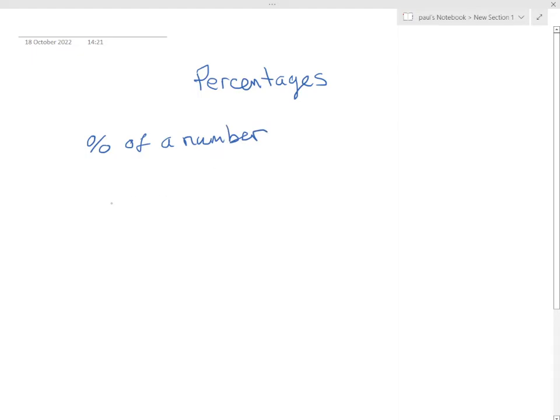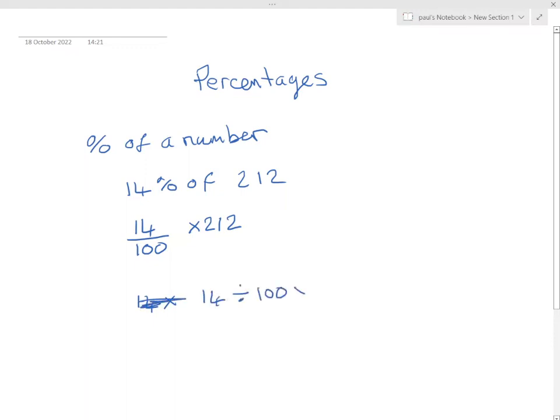So what do we want to do if we want to find, say, 14% of 212? What we do is we change that percentage into a fraction. So we do 14 over 100 times the number we were given, 212. On your calculator, you can just do 14 divided by 100 times 212, all in one go.